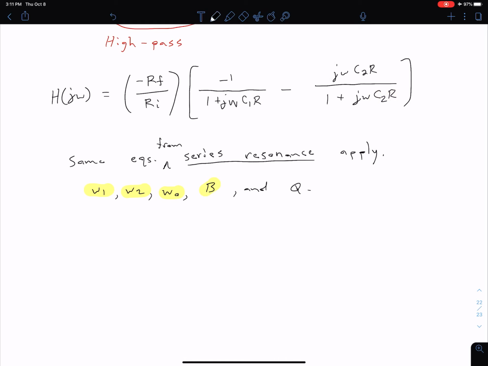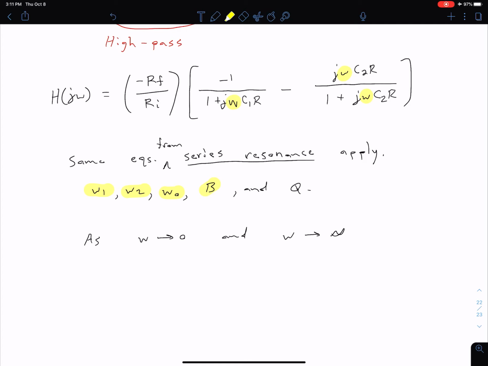Looking at this transfer function, it's a little easier to analyze than it was for our bandpass filter. We can determine that maximum gain value K by considering the behavior as omega goes to 0 and as omega goes to infinity. Let's consider the case of 0.